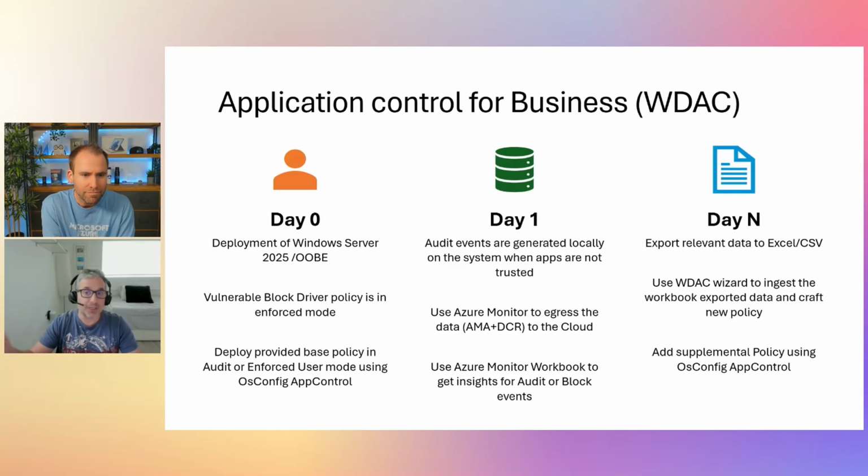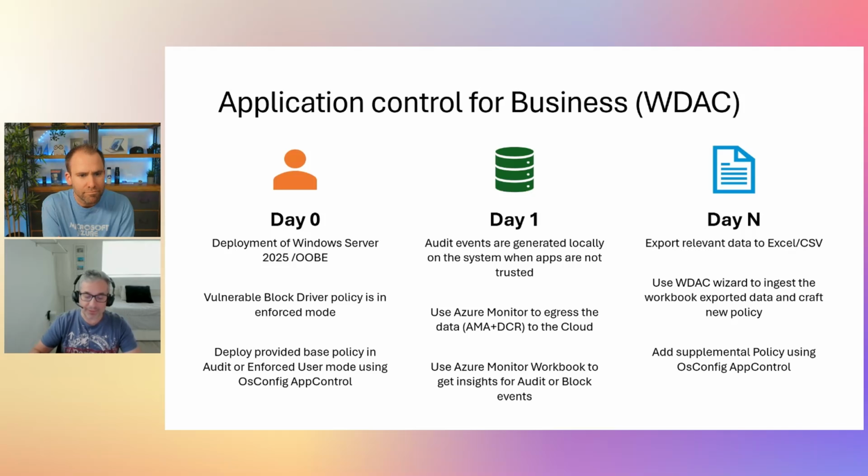While you do that, you're going to start generating events in the event log saying, hey, this application A or foo or whatever would be blocked if you were in enforce mode. With that information, we can extract that data from those event logs and then create the final list of your applications. That's basically the process.